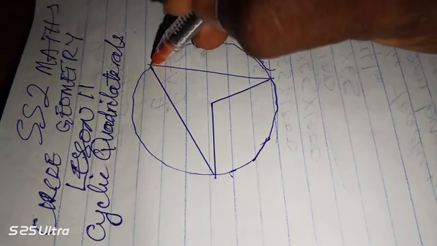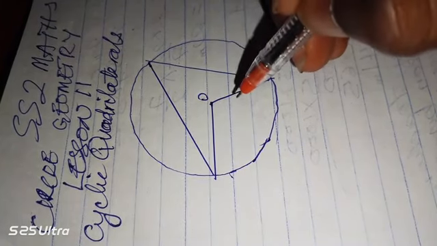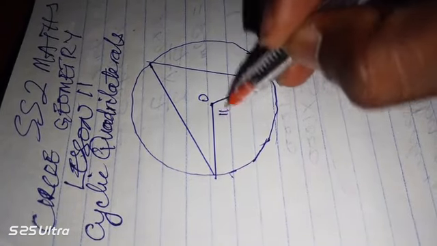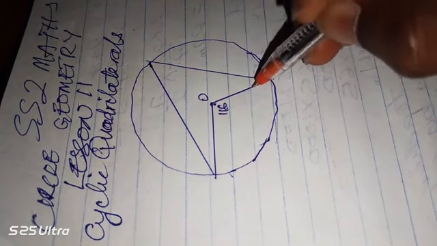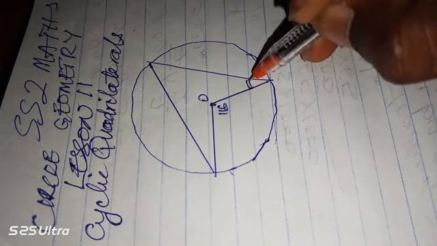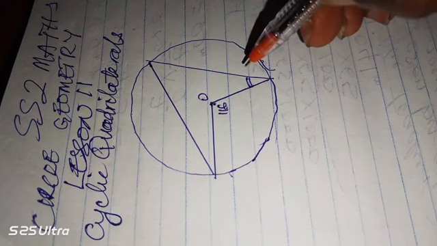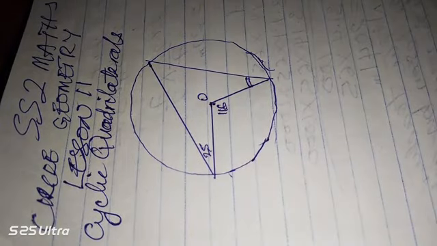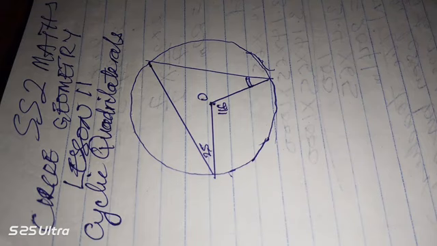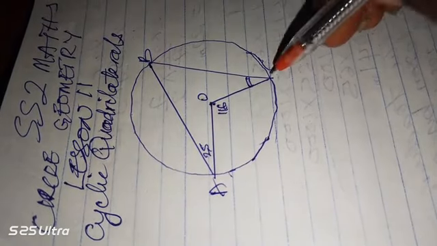This is center O. This angle is 116 degrees, and this is the angle we are asked to find. This angle is 25 degrees. Yes, this is the question given to us. Let me give it names: A, B, C.